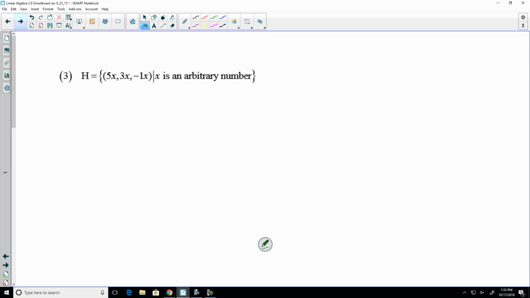So here H is defined by a vector where it's 5 times x, 3 times x, negative 1 times x, where x can be basically any real number. It says an arbitrary number. That just means any real number. So we want to know, is this a subspace? Is the 0 vector in H?